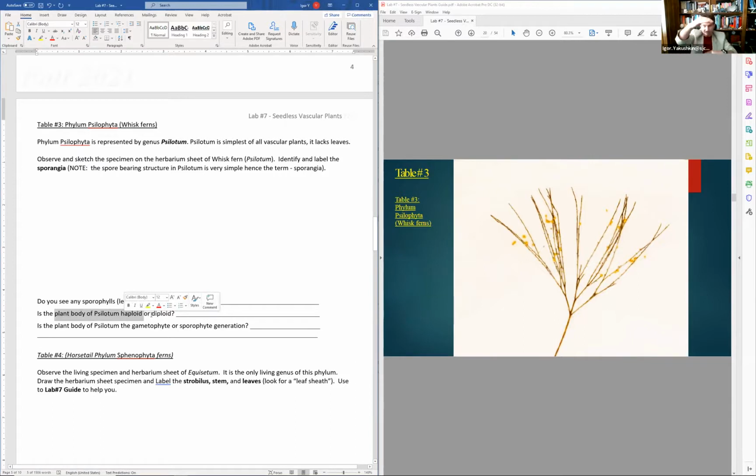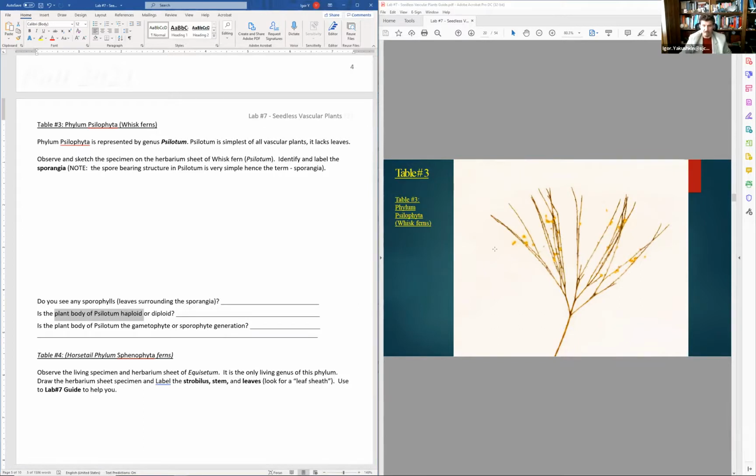You can see it, it's about 10 inches or so, you can see it with your naked eye. You start seeing with the naked eye vascular plants, that's the diploid organism, also known as the sporophyte. Diploids are always sporophytes. Haploids are always gametophytes. All right, moving on. Any questions, any problems? No questions, no problem.